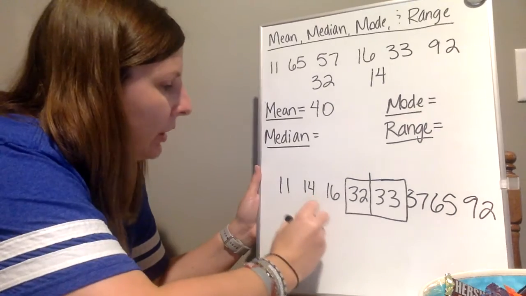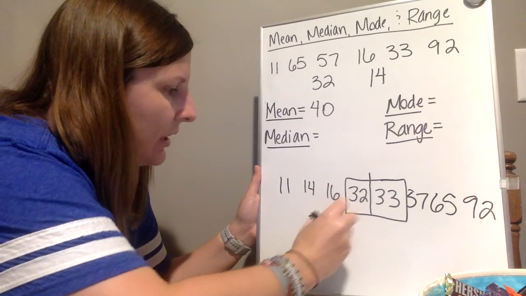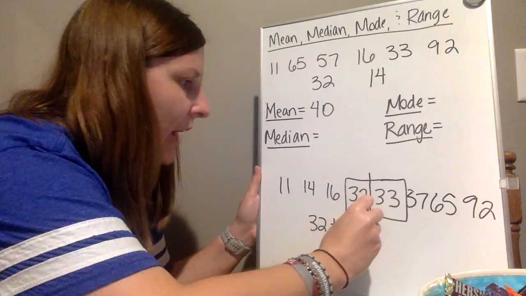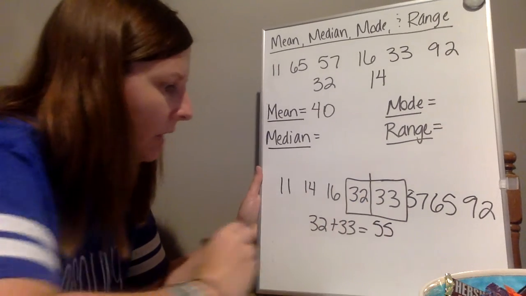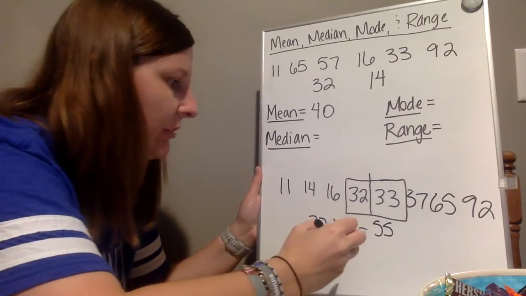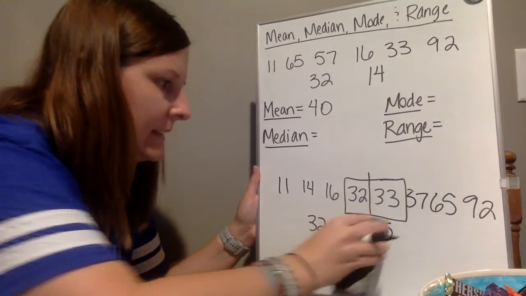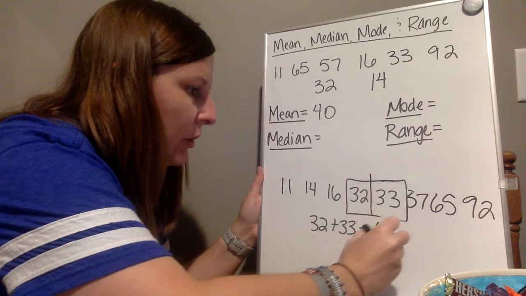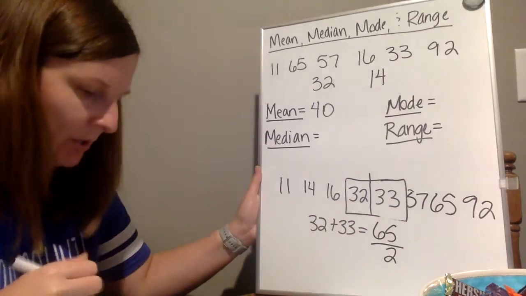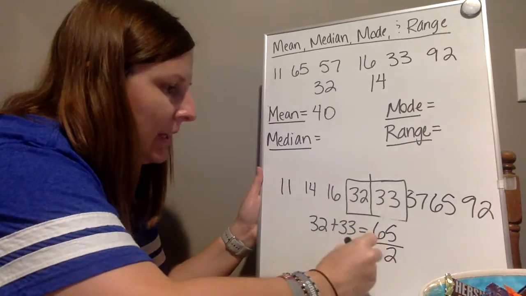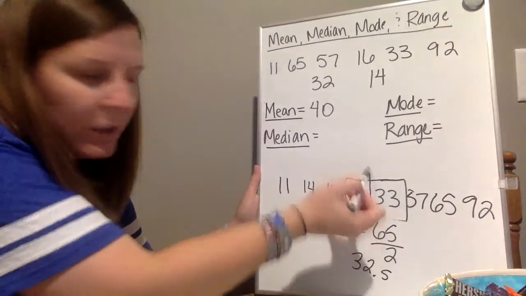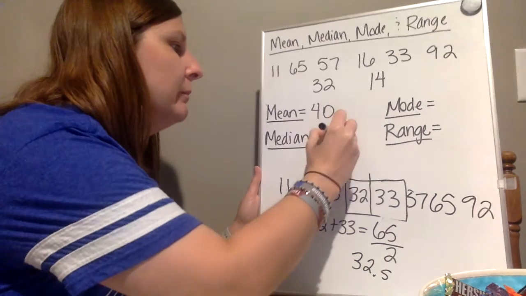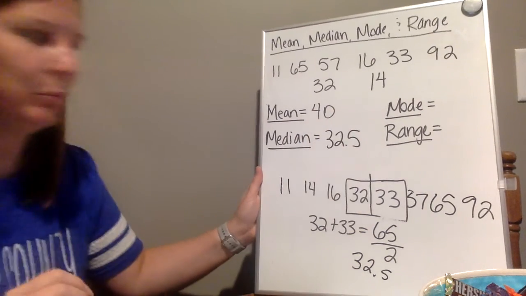So we're going to do 32 plus 33, which equals 65, sorry, not 55. And then we're going to divide that by 2 because we have 2 numbers. So our median ends up being 32.5, which would be right there in the middle of those numbers if it were a number. So our median is 32.5.